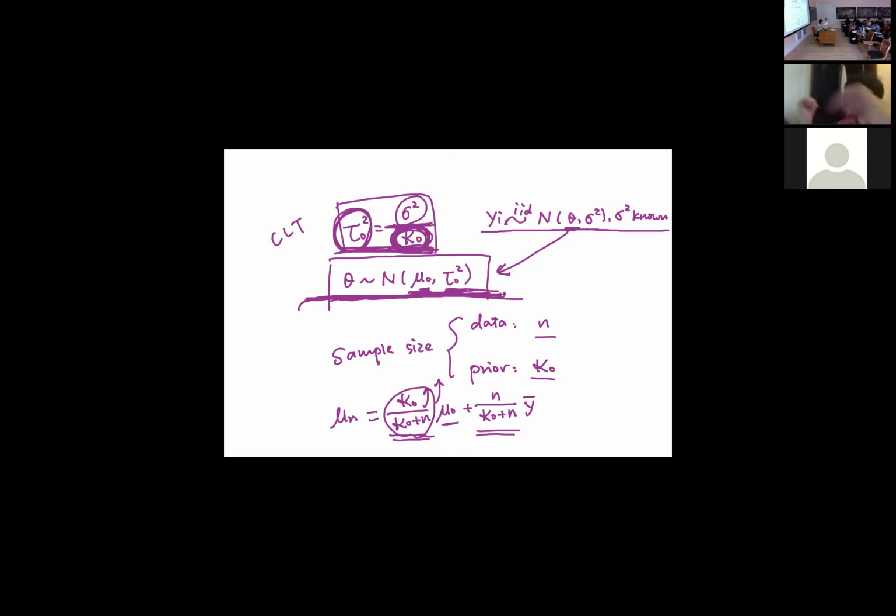On page 39, in the middle, they show you how the posterior mean of the beta binomial model, the posterior mean of theta, which has a beta distribution, is going to be the weighted average of the prior expectation and the data average, right? So let me write over here.